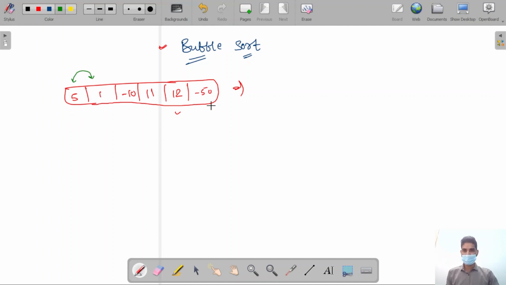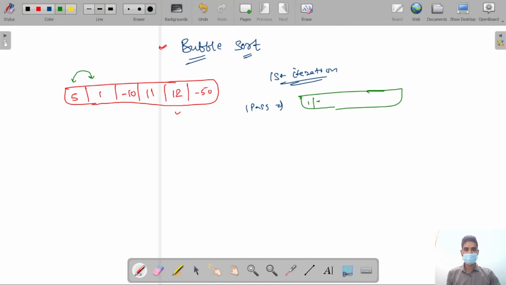These are passes. In the first pass, 1 and 5 get swapped, so 1 is here, 5 is here, and the rest of the array remains the same: minus 10, 11, 12, and minus 50.